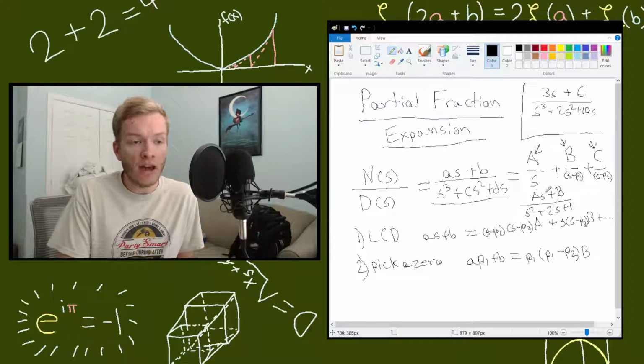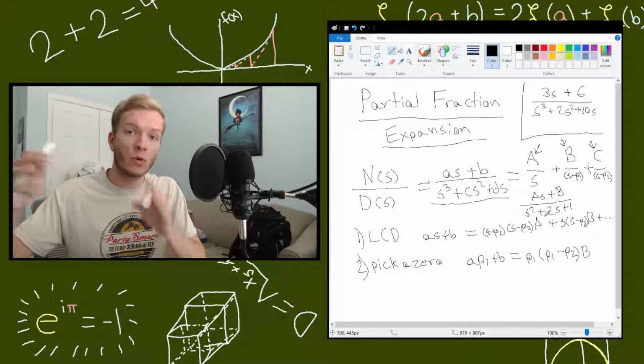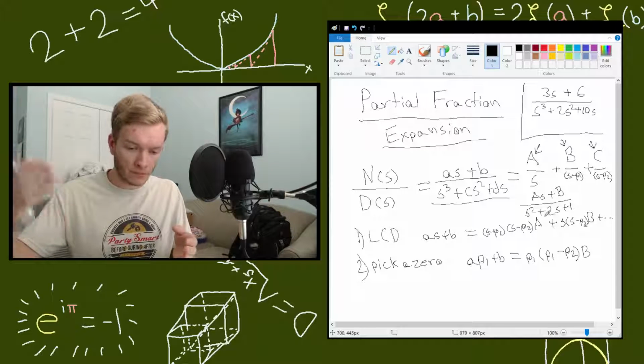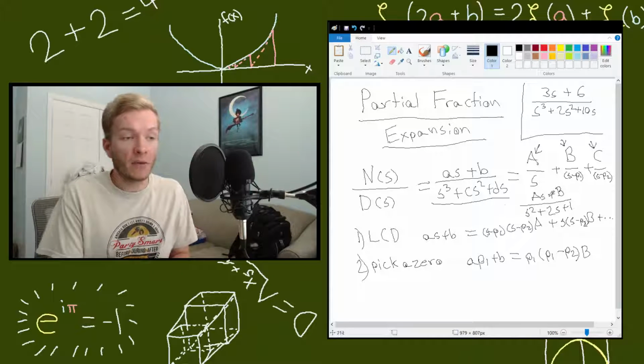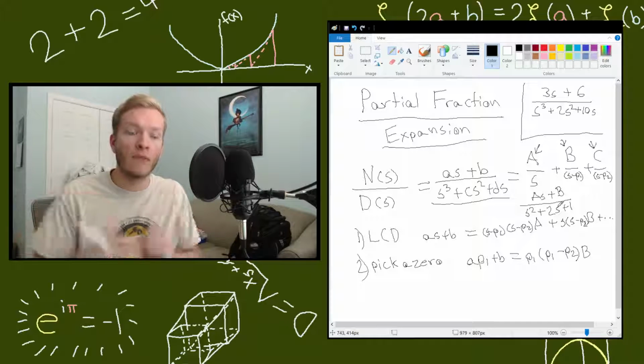So instead of having one constant to solve for in the top for each individual factor, we have two constants to solve for, for the couple of imaginaries.